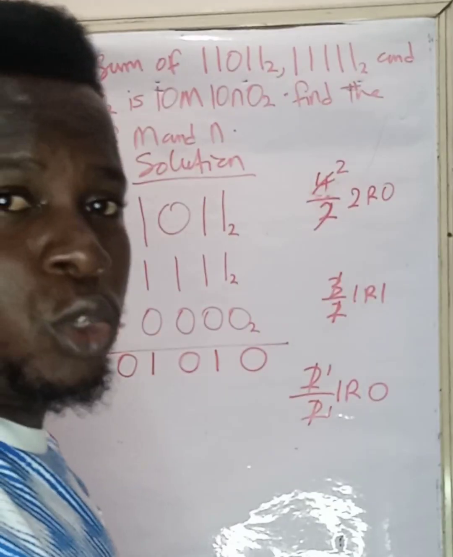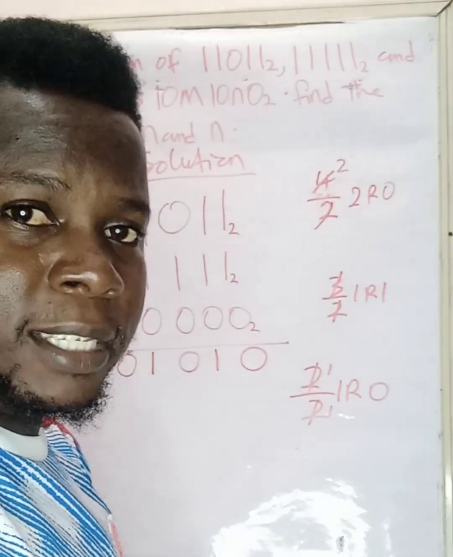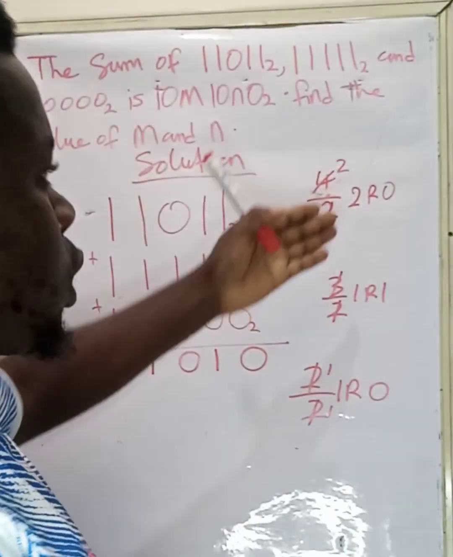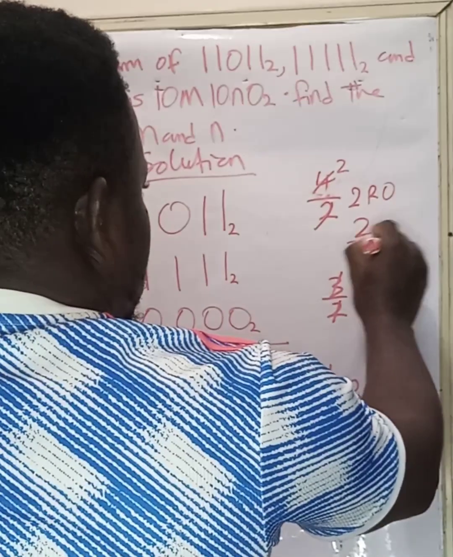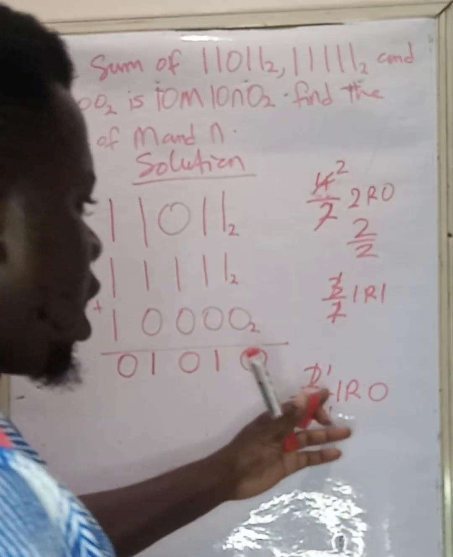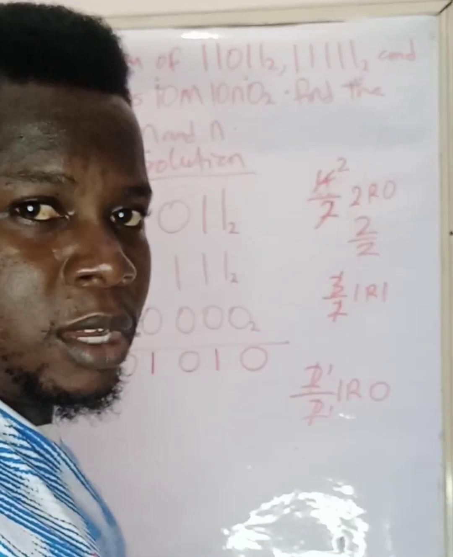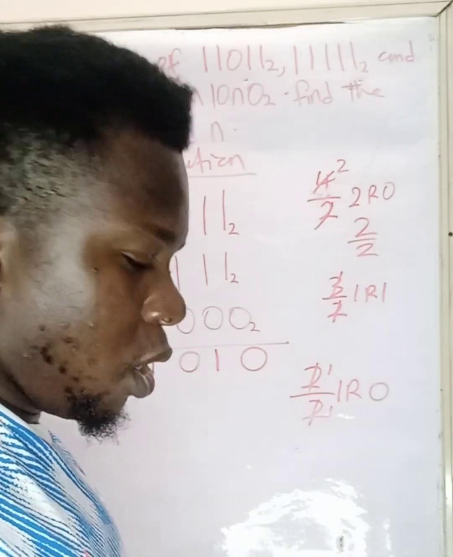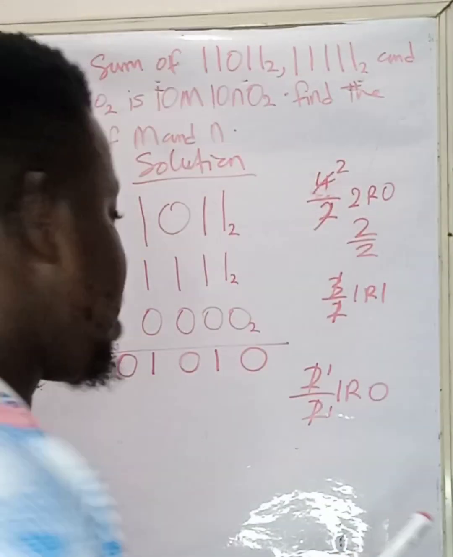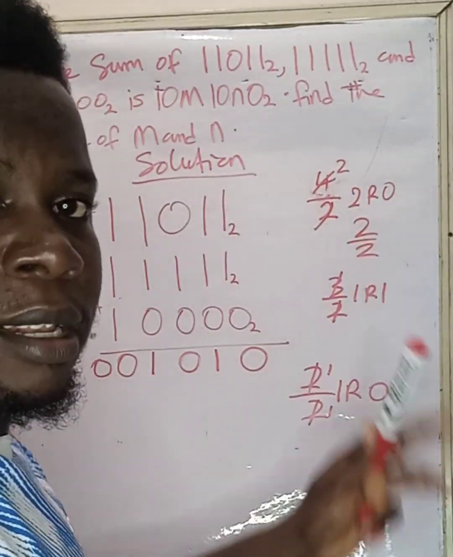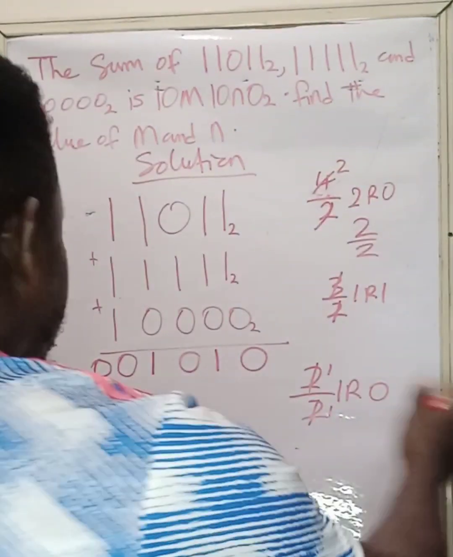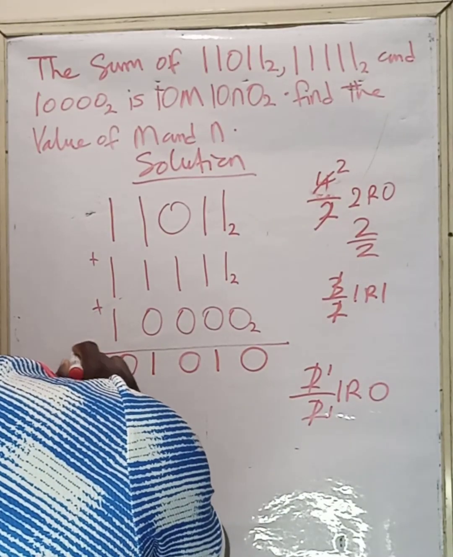We cannot write 2 because it's equal to the base. So what are we going to do? We also divide it by 2. If you divide 2 by 2, you have 1, remainder 0. So you write down the remainder 0, then the 1 that is remaining is less than 2 now, so you put it here, 1.